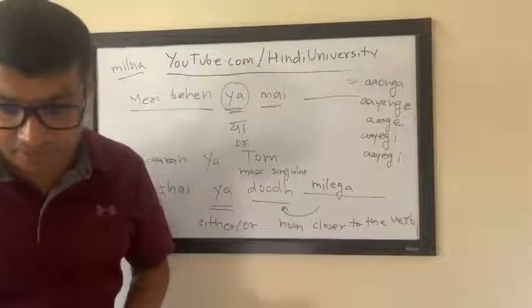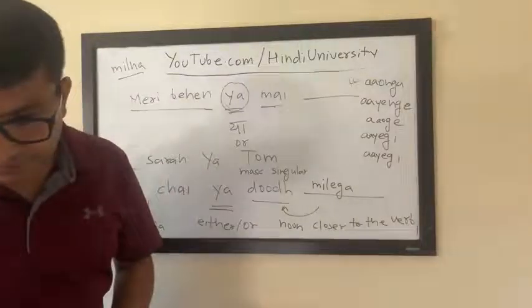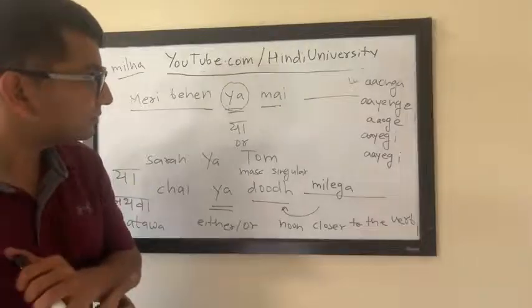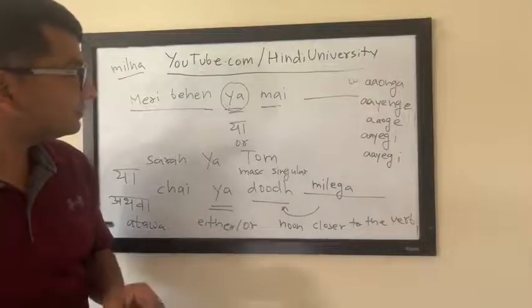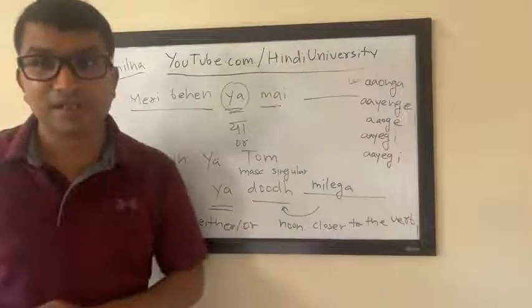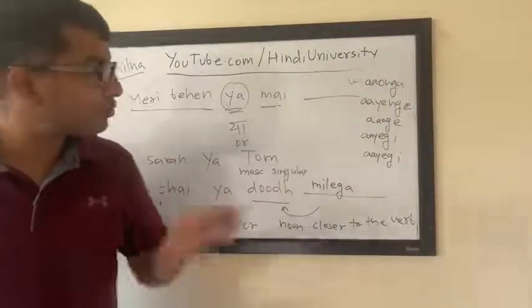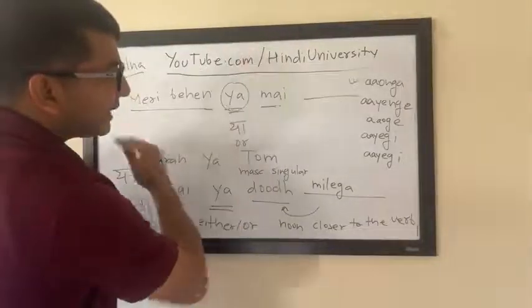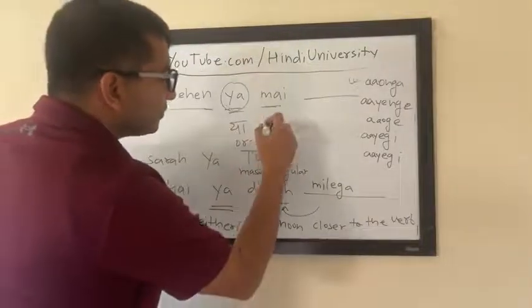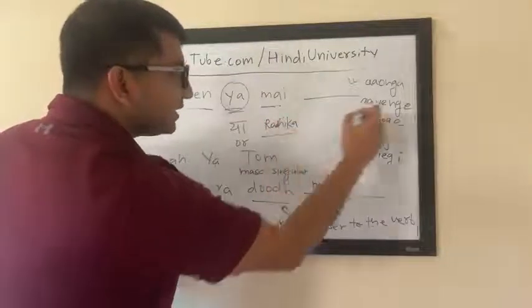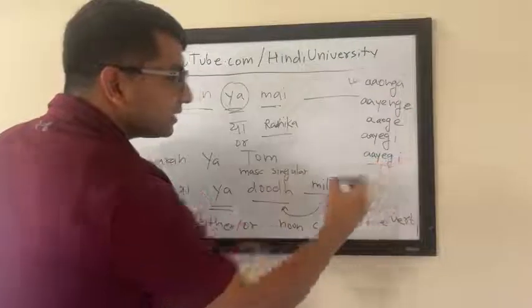Okay, Nandini ji, your comment? If it's मेरी बहन या, say, Radhika, मेरी बहन या Radhika आएगी. That's right. If I'm talking about someone else, just follow that. Anything before या doesn't even exist. So you use the form as you would for Radhika. For Radhika we always say Radhika आएगी.